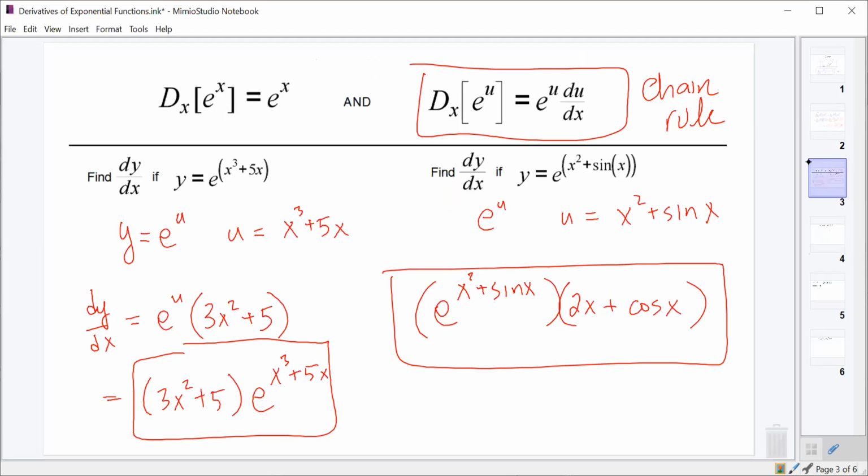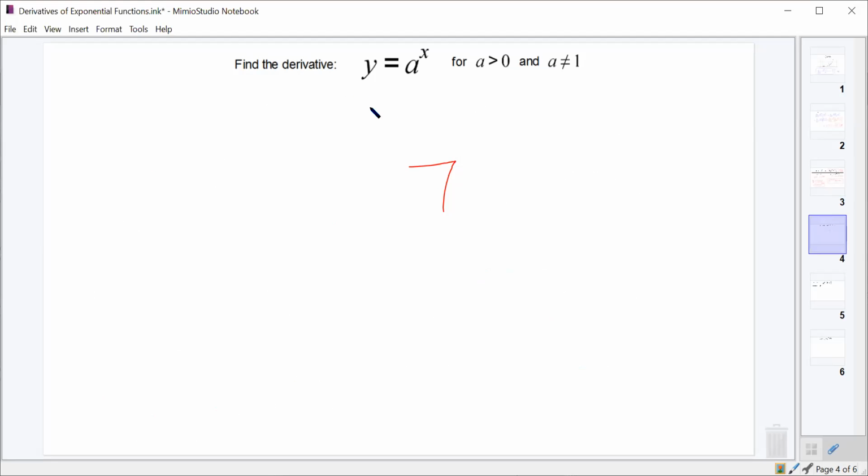If this looked like something like this, e to a power, couldn't we take the derivative of it? Yeah. All right. Could I write 7 so that it looks like e to a power? Seven times e to the 0.